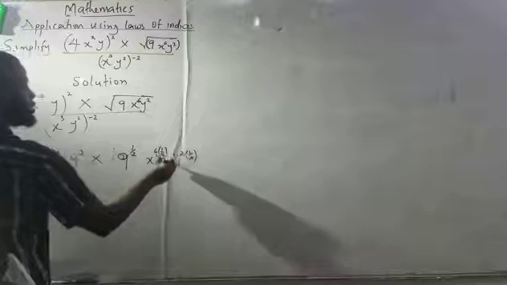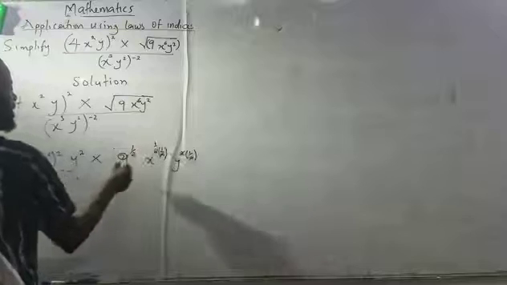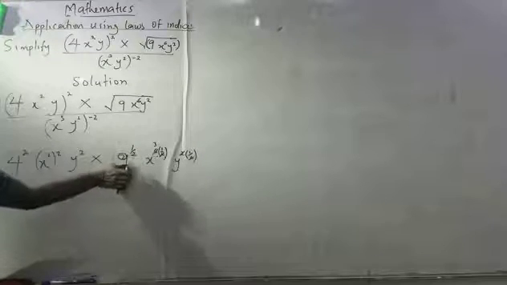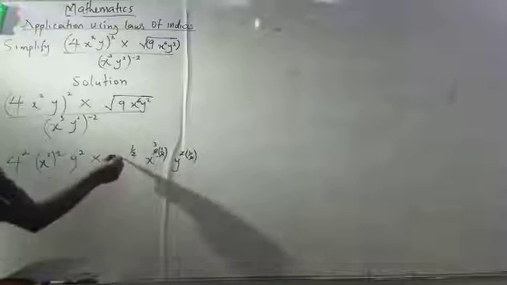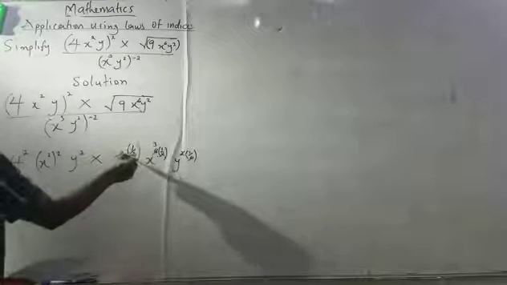By implication, this will cancel here, and you know that 9 can be written as 3 squared. So 3 squared, raised to 1/2, will cancel.